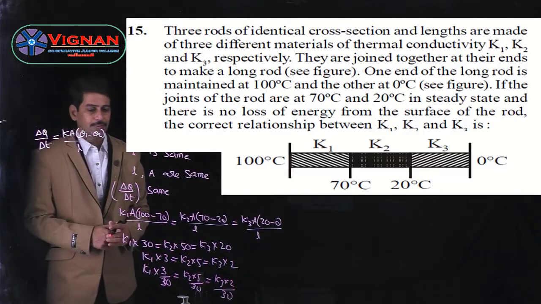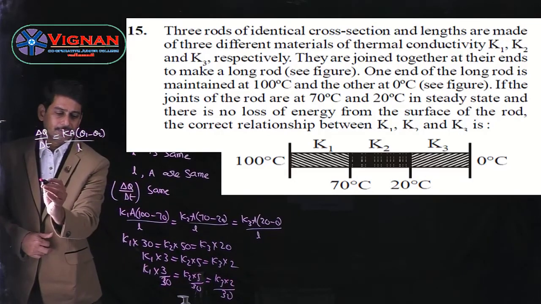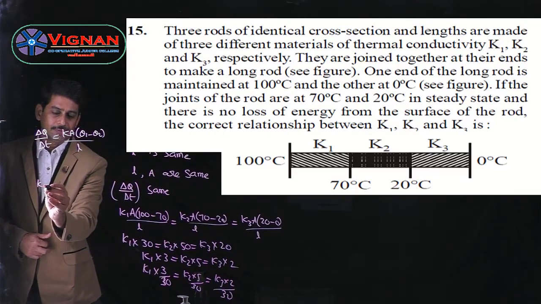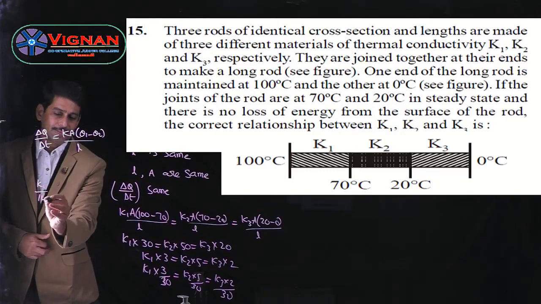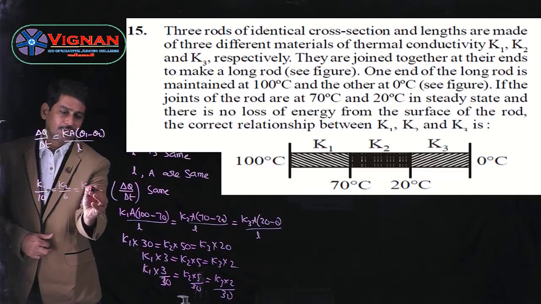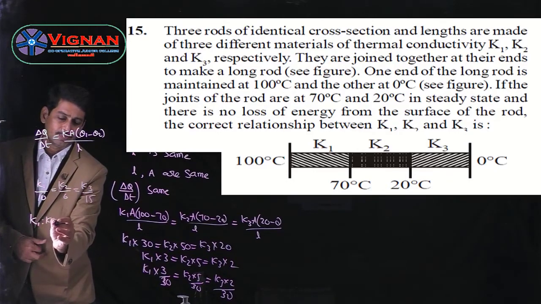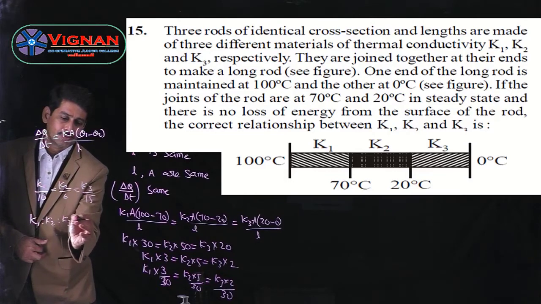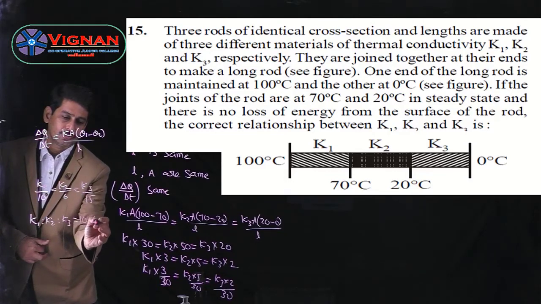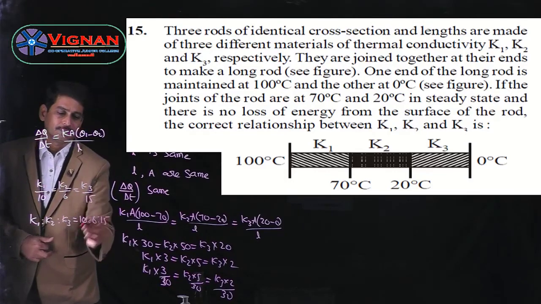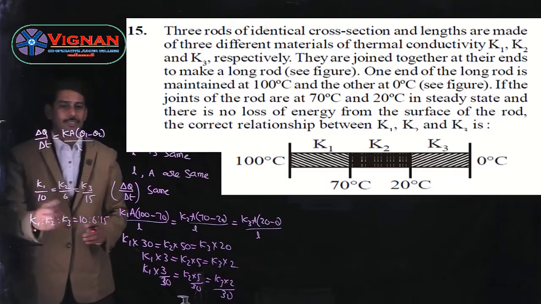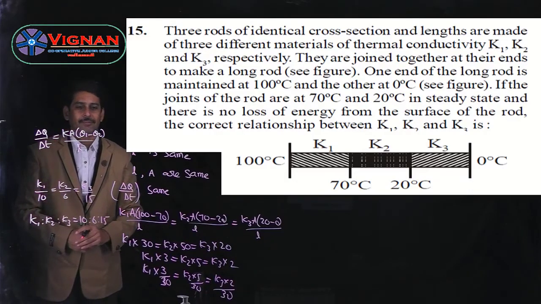So then we get K1/10 = K2/6 = K3/15. That means K1 : K2 : K3 = 10 : 6 : 15. So this is the relation between K1, K2 and K3.